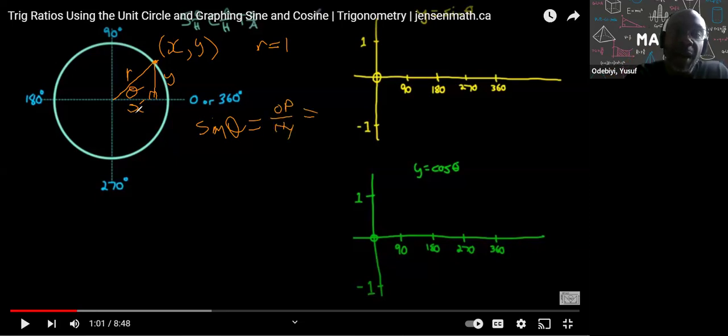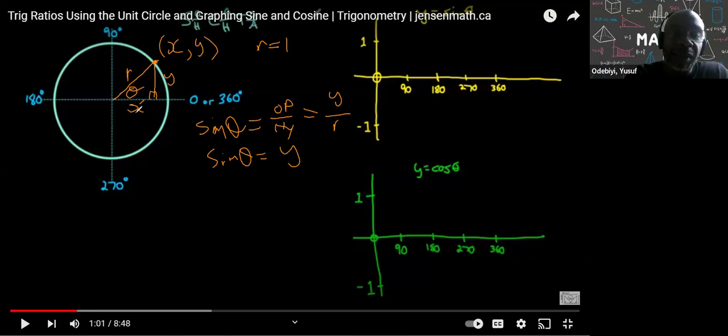And we know the opposite in this triangle here is y, and our hypotenuse is r. But wait a minute, didn't we say r is equal to 1? So then sine theta is just going to equal y, because we already said r is equal to 1.